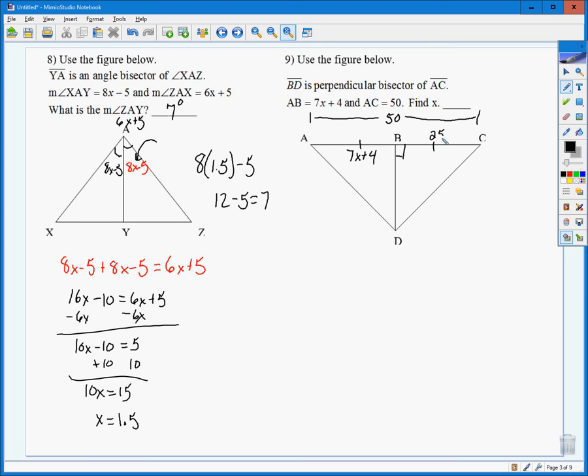So each one of these pieces is 25. Or you could have taken this 7x plus 4 and written it over here and done 7x plus 4 plus 7x plus 4 equals 50. 7x plus 4, however, is equal to 25 because each segment length had to be 25 units long. Subtracting 4 from both sides, 7x is equal to 21, which means x is equal to 3.